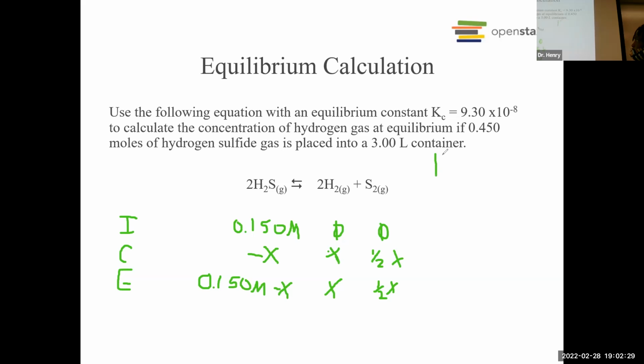Okay, so then we have our equilibrium equation. Kc equals what? See if you guys can give me this in terms of the values that we have. How would we write our equilibrium equation? Concentration of what over what?